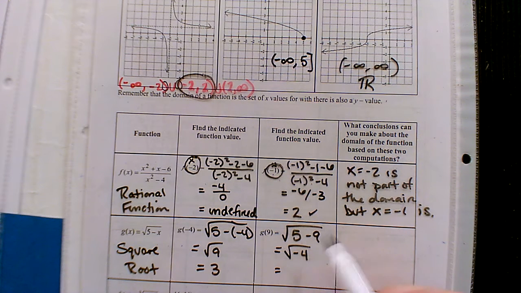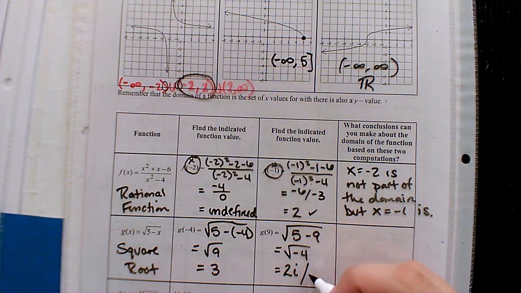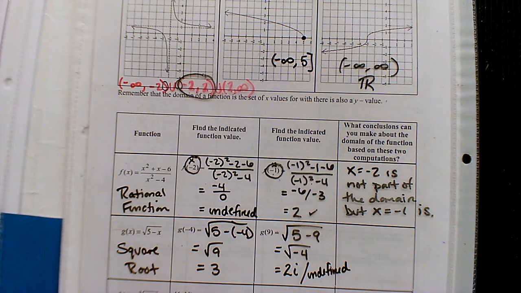If you were to write the imaginary answer, the square root of 4 is 2, but since it's imaginary, you would need that i. So if you wanted to write the imaginary number, that's completely okay. But if you actually tried to type in the square root of -4 on your calculator, it would come up as an error message, meaning that this is kind of undefined as well. There's no real answer or number that you're going to get out. Okay, so I'd take either one of those.